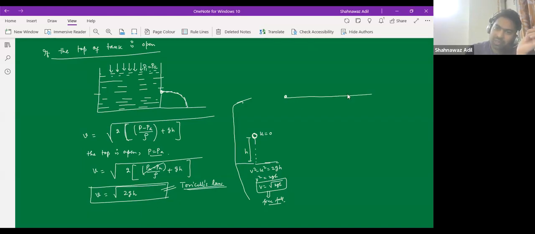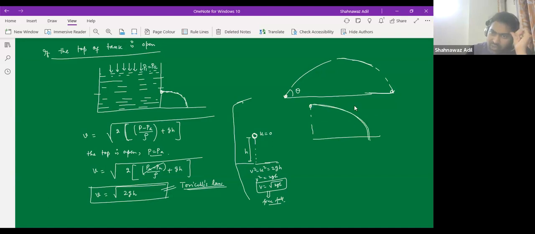So let's see. This object is following this path. So what kind of motion is this? Sir, projectile. Projectile, right? So this is some angular projection. But let's say the object is falling from this, then this is the horizontal projection.